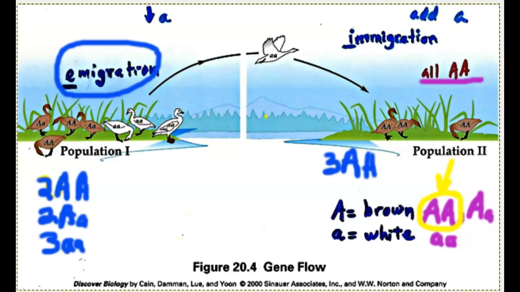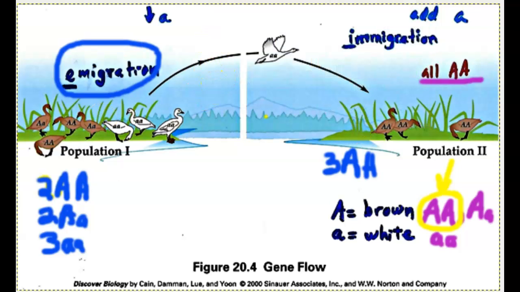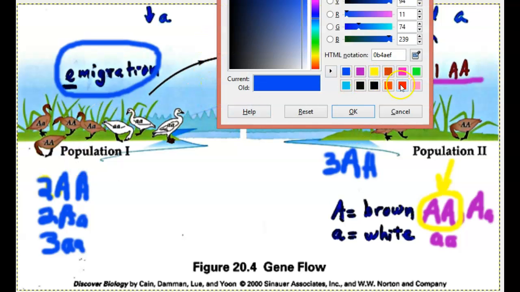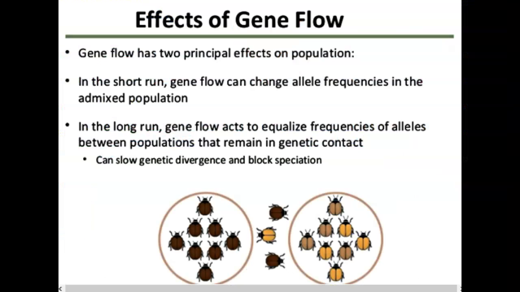So in order to keep the allele frequency stable, we're going to say no gene flow. No gene flow. That changes allele frequencies. So here's another example of gene flow. Gene flow actually has two principal effects on populations.